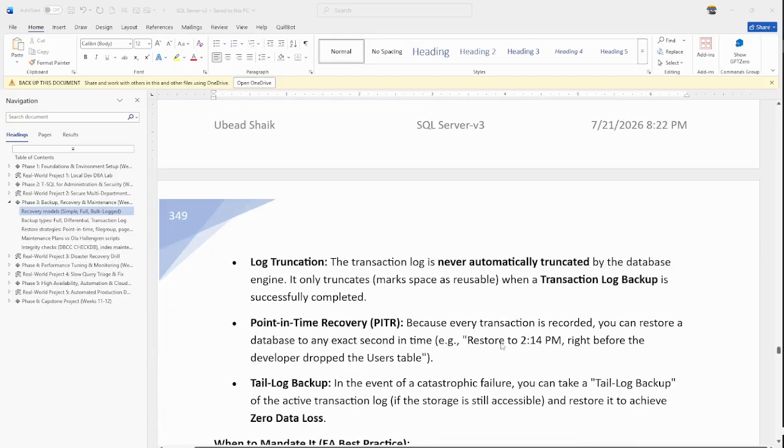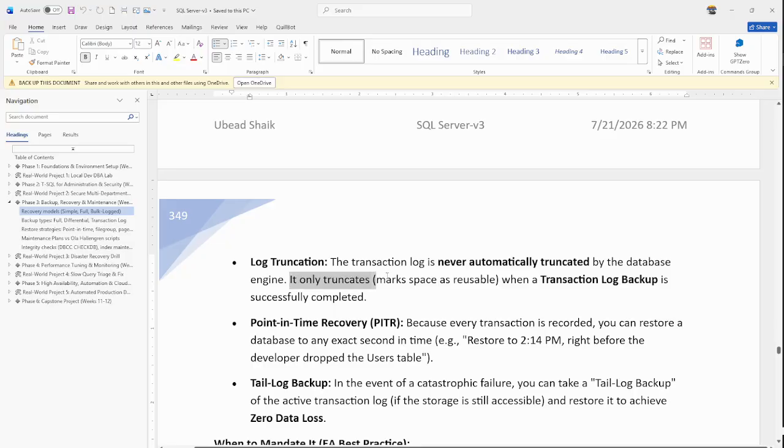So full recovery, the transaction logs are never automatically truncated by the database engine. Not truncated means they will not be touched by the database.